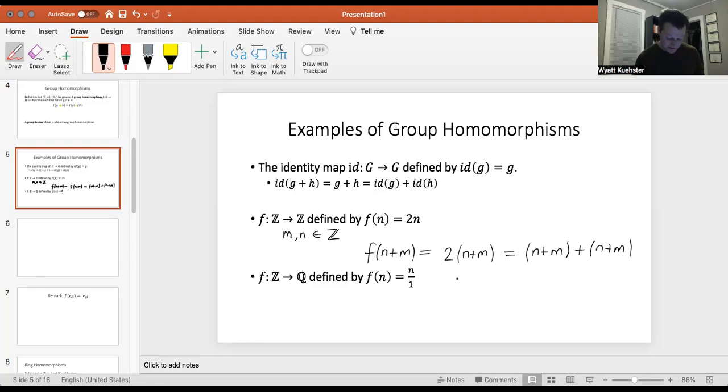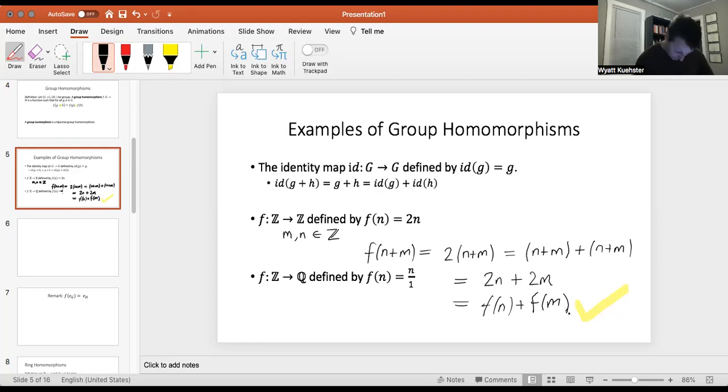And Z was an abelian group, and its operation was associative and commutative, so we don't have to worry about parentheses or order. This is just 2n plus 2m, which is f of n plus f of m. So check. This is a homomorphism of groups.